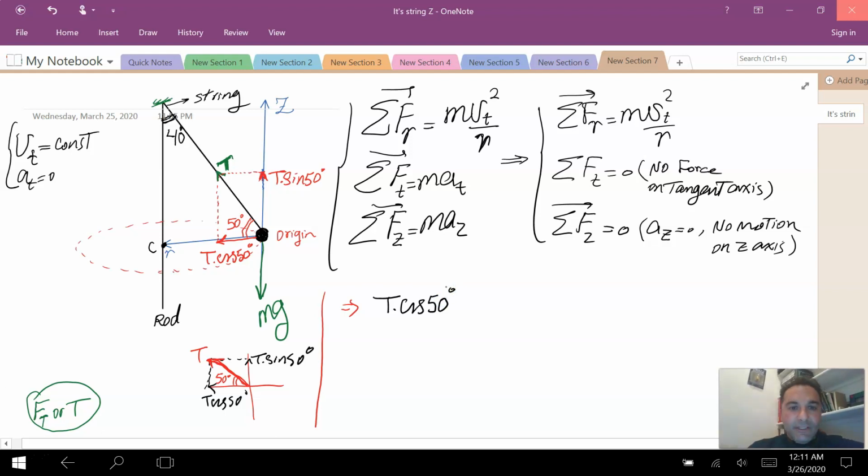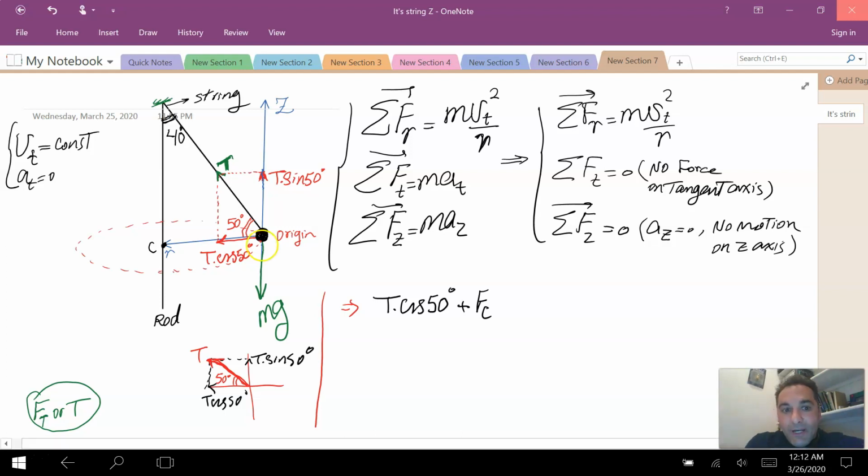Some students write, okay, we have T cosine of 50 and also we have centripetal force. No, actually this T cosine of 50 is the same as centripetal force.